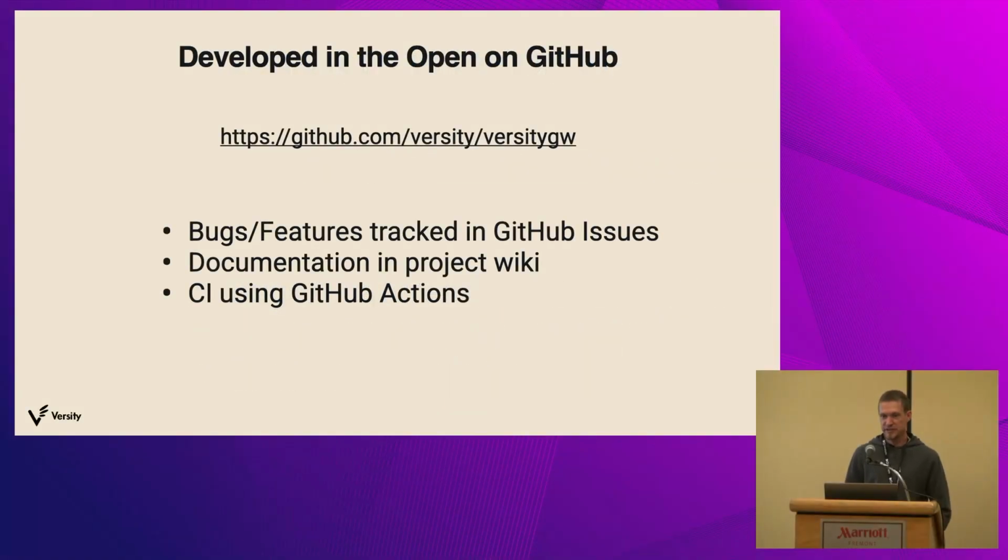This is all developed in the open on GitHub. All of the bugs and features are tracked in the GitHub issues. The full documentation that we have so far is all in the project wiki, so that's a really good place to start if you're looking for more information on both the user side and the developer side. We're trying to get all the information that we can into the wiki.